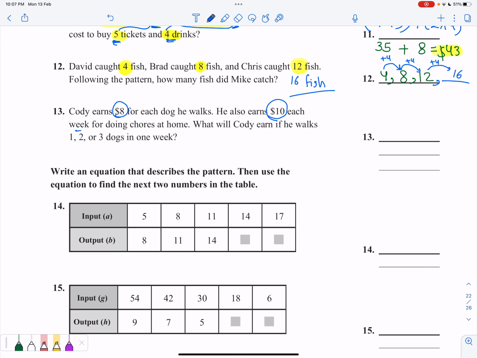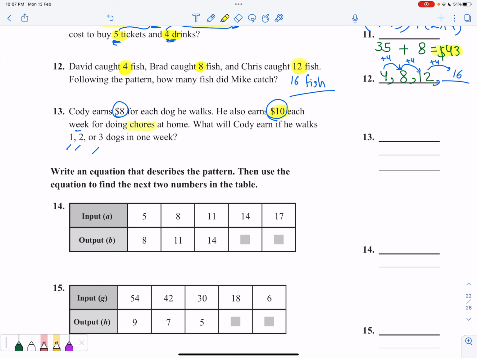What will Cody earn if he walks 1, 2, or 3 dogs in 1 week? So we want to multiply the cost of walking the dogs by how many dogs he will walk. So let's do that. And don't forget that you should add the 10 that he earned from the chores.